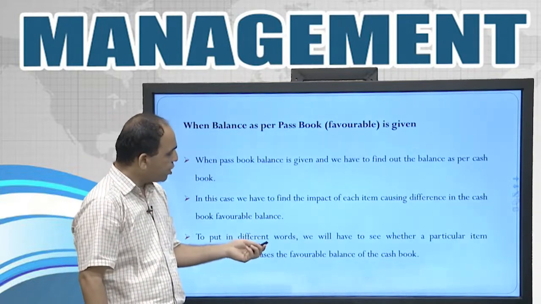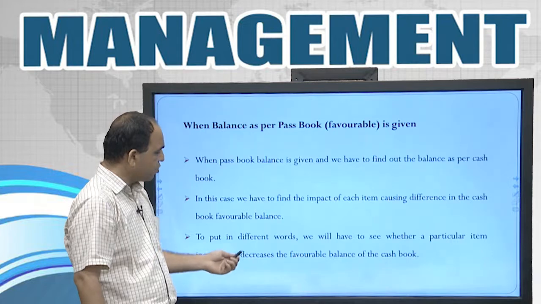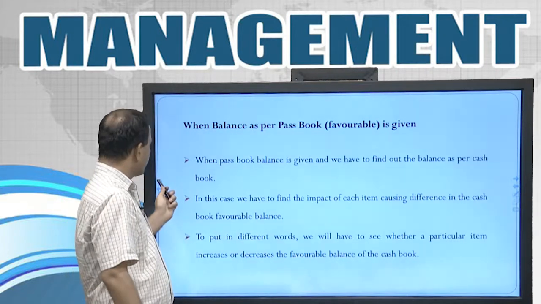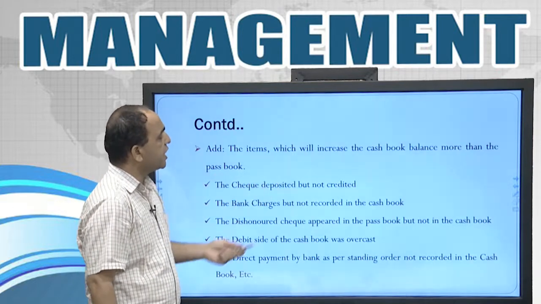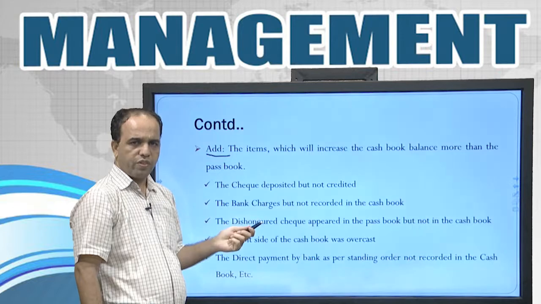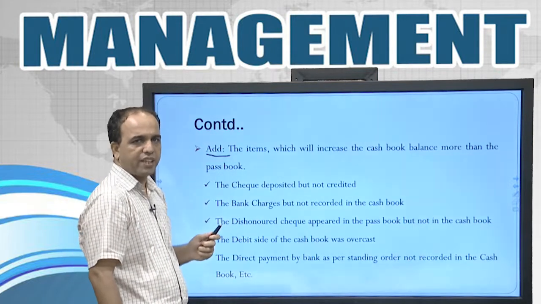To put it in different words, we will have to see whether a particular item increases or decreases the favorable balance of the cash book. The items which will increase the cash book balance more than the passbook should be added. In the sums also we will learn in detail how to add this type of transactions in a bank reconciliation statement.